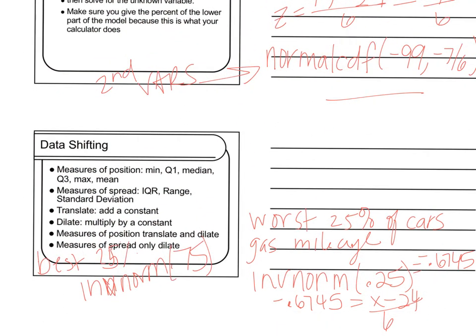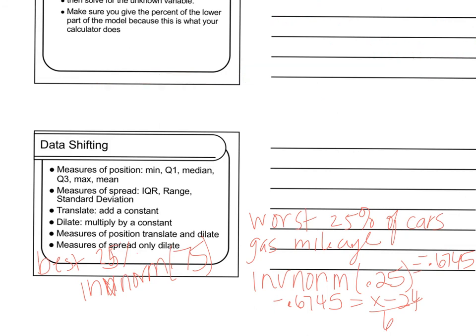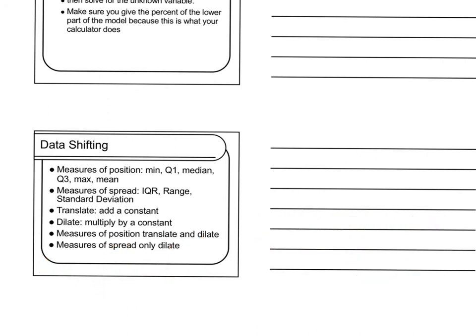And the last thing we talked about was data shifting. How does changing the data, adding something to each value, change the statistics? What we know is that measures of position are considered minimum, Q1, median, Q3, the maximum, and the mean.